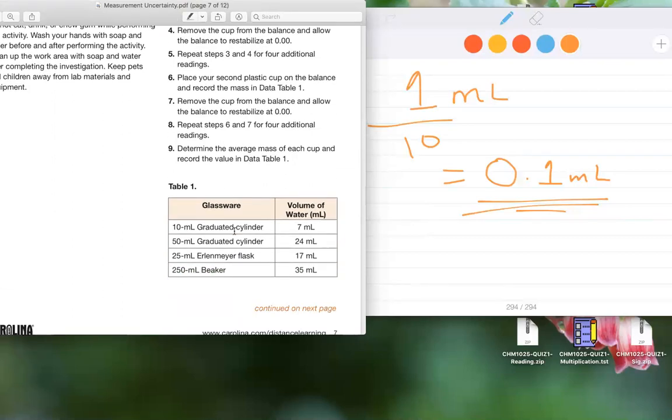So if this is, all right, 10 ml, 50 ml graduated cylinder, 25 ml graduated cylinder, they are asking you to place 7 ml, 24 ml, 17 ml, and 35 ml. I don't want you to just give me whatever it is in the direction.